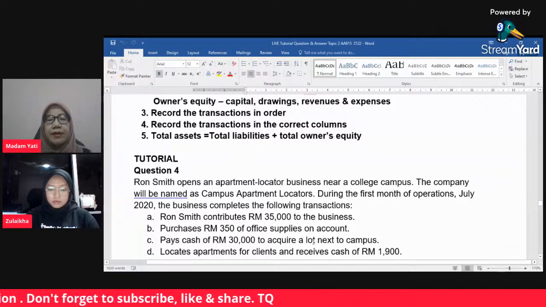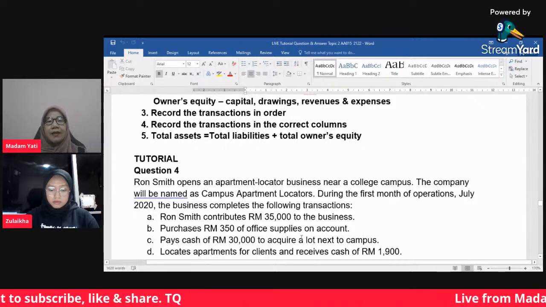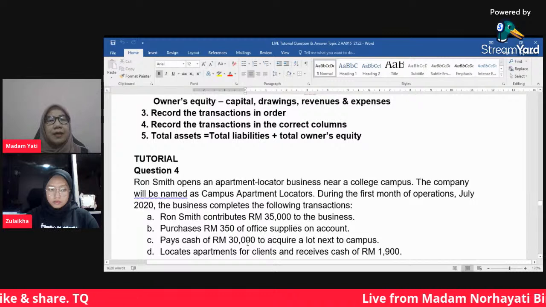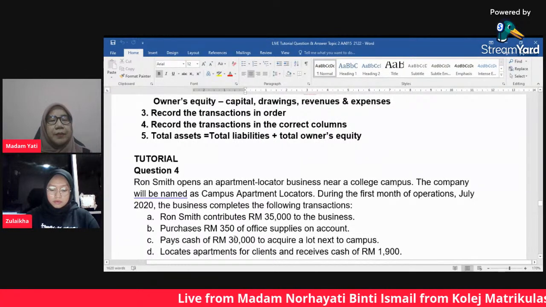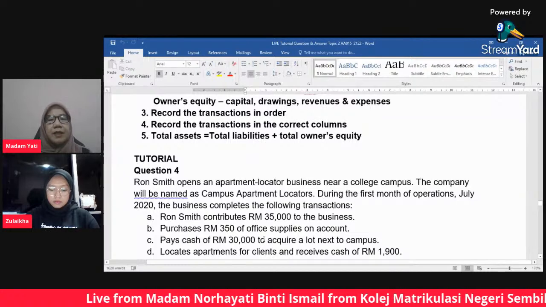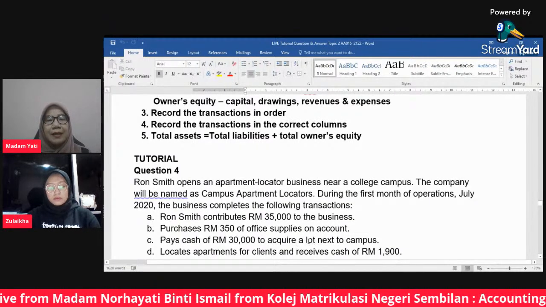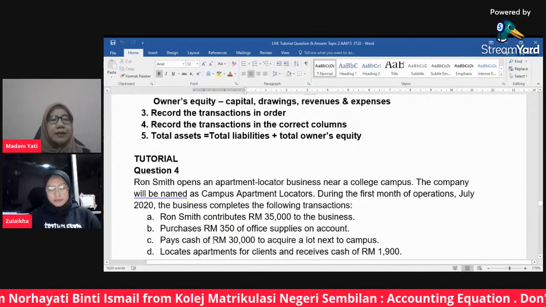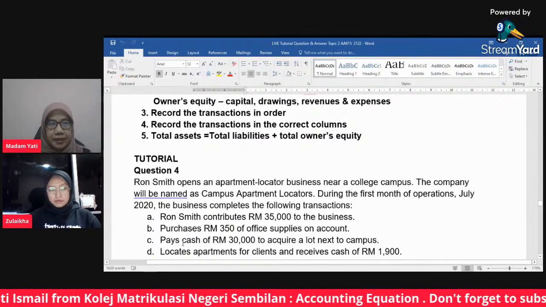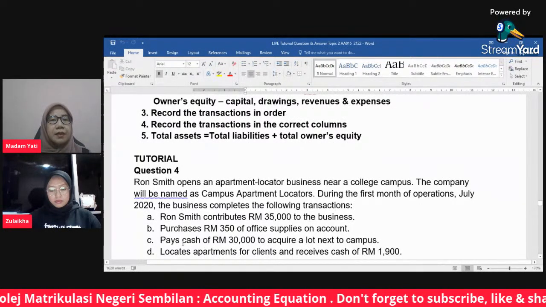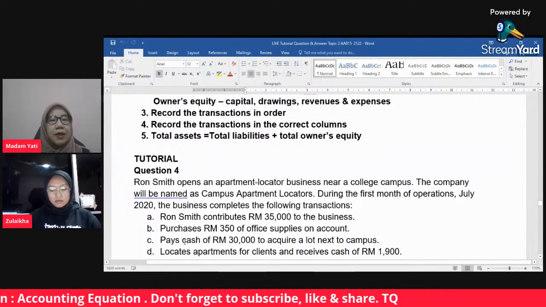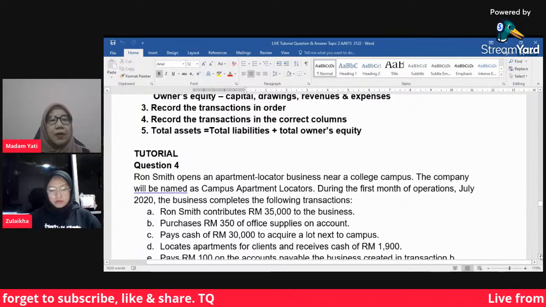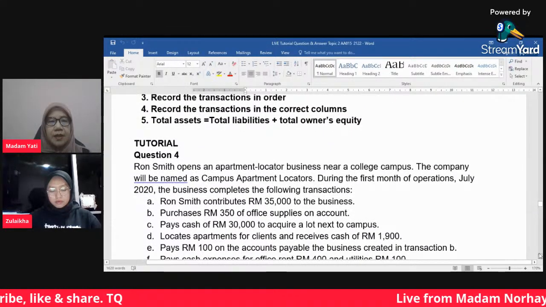A lot ni land, tanah. Dia beli tanah dengan harga 30,000. So dia ada apa yang dia punya effect? The effect is increase in asset iaitu land, and at the same time decrease in asset iaitu cash. Kita kena specific the account. So yang terlibat ialah account cash and land.